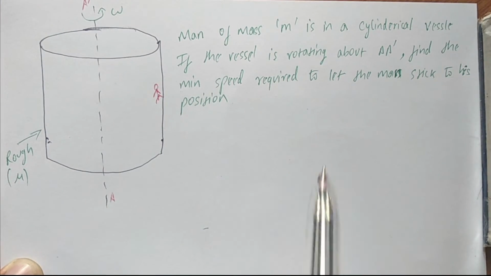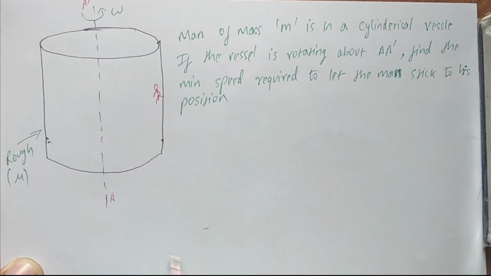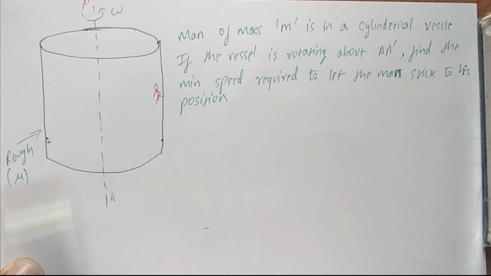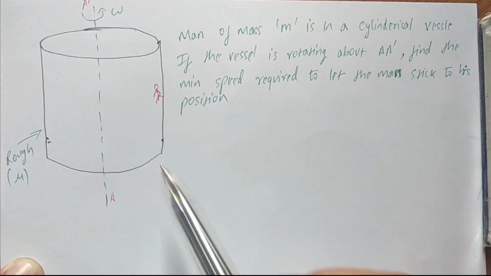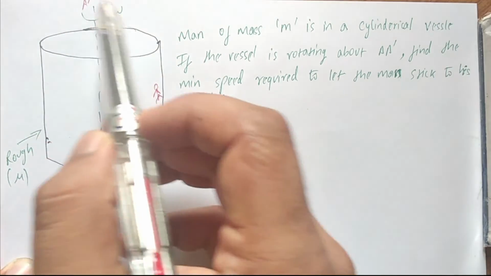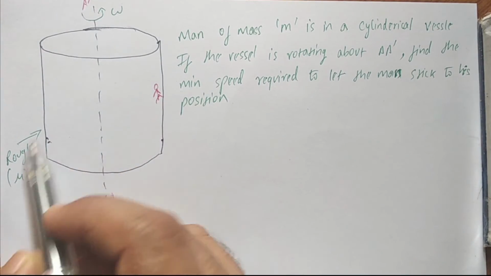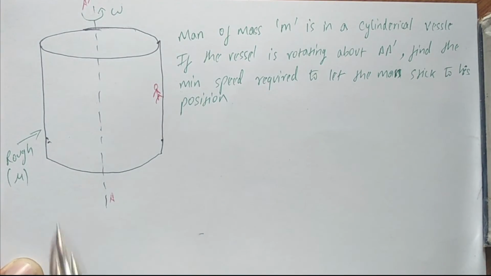We are supposed to find the minimum angular velocity of this cylindrical vessel required to let the man stick to his position. He should not fall down. We have also been given that the surface of the cylindrical vessel is rough, with a coefficient of friction of mu.